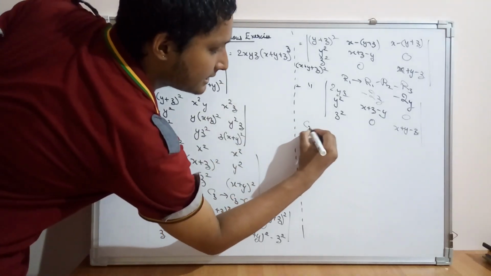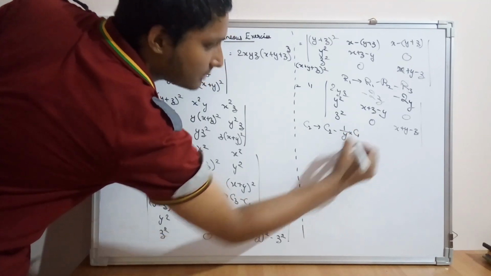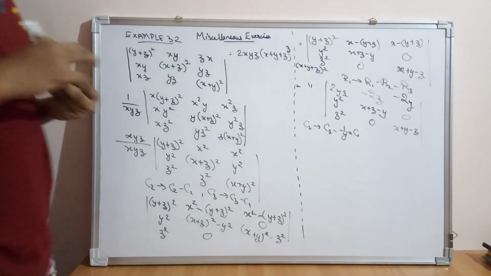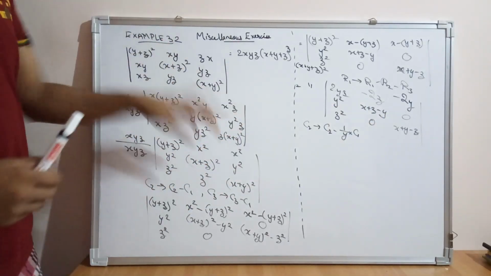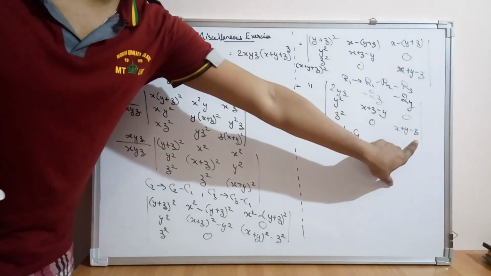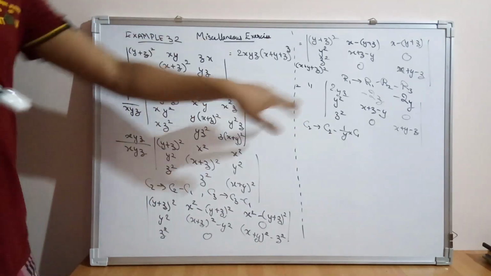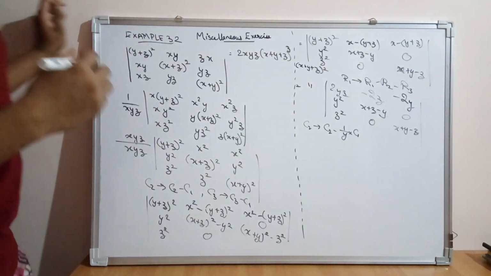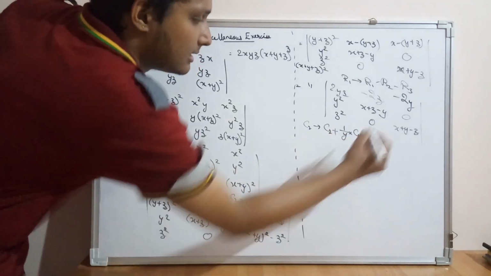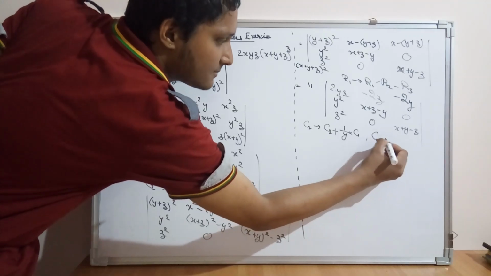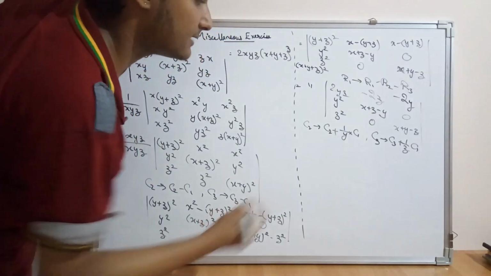I'll write that C2 becomes C2 minus 1 by y times the first column. That time I'll get rid of this minus y because it becomes plus y over there. Similarly, if I need to get rid of this minus z here, I need to multiply 1 by z to the first column. It's addition, right? So C3 becomes C3 plus 1 by z C1. We'll see what it's going to be.